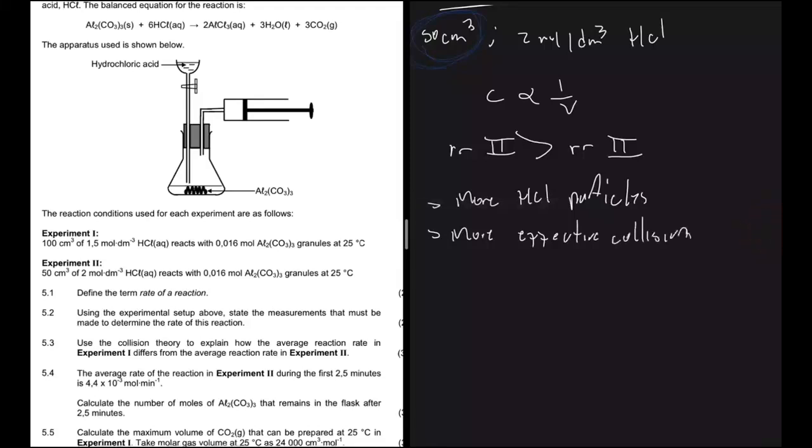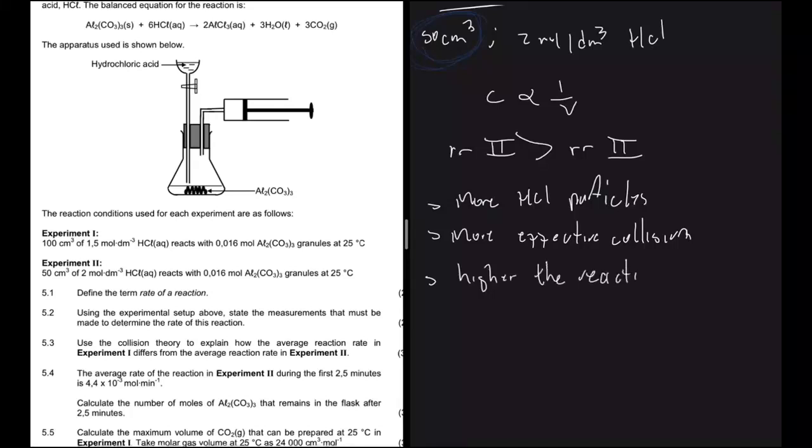And then what will more effective collisions give us? Effective collisions are a prerequisite of a reaction, right? So the more effective collisions, the higher the reaction rate. So the reaction will take less time.